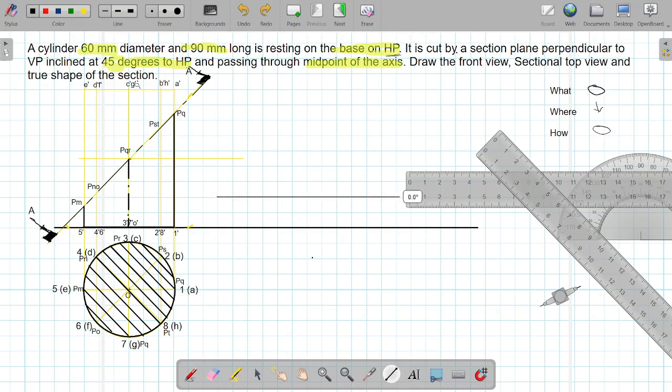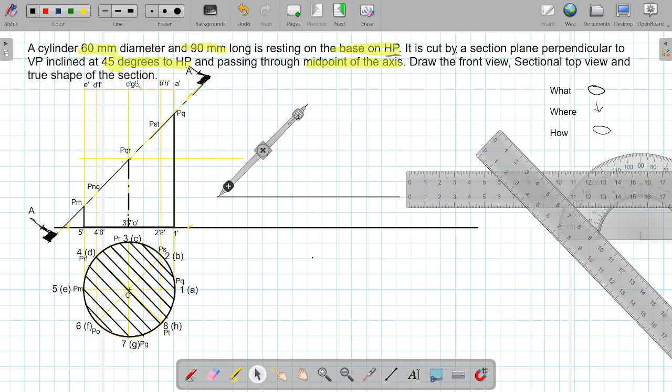At any random point, you have to take one straight line, and then we need to measure this length from PM to this part. We have to measure this distance from PM to PQ, that is the section line, and we have to make this line parallel to XY.